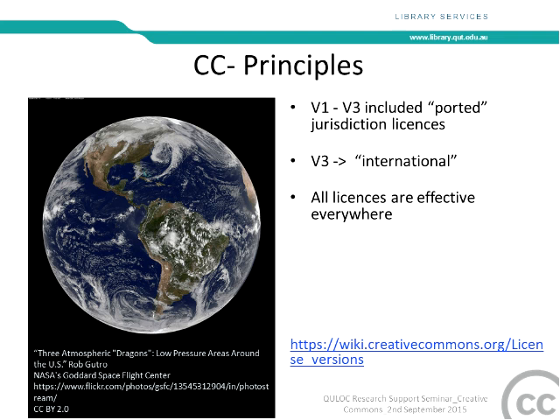And just talk about a few more principles with Creative Commons licensing. Versioning. You're probably all aware that the current version of the suite of licenses is version 4. These are regarded as our first lot of truly international licenses.